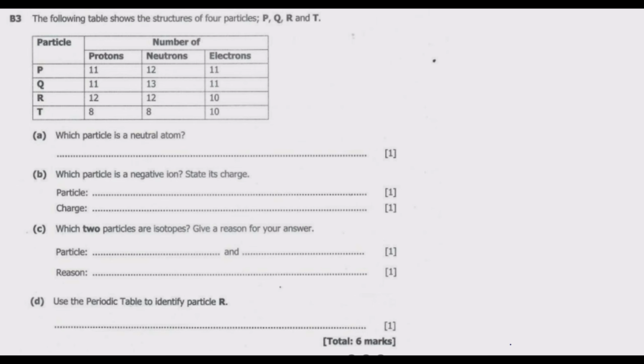Though it's saying a particle, which particle? There are two answers here. It could be either P or Q. Either of these will still be correct. Then we look at B. Which particle is a negative ion?